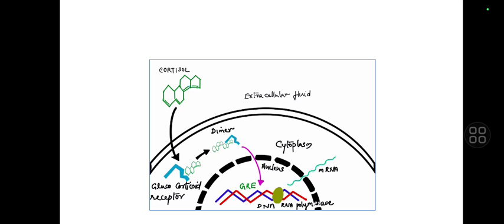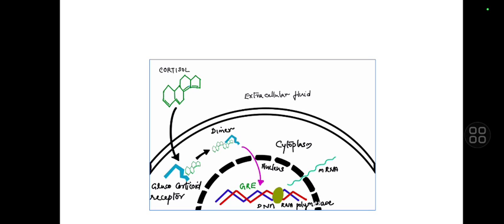protein synthesis. So we have seen that many hormones actually affect protein synthesis, like insulin, then growth hormone. There are several factors, or cortisol. These are many hormones which control or have an effect on protein synthesis.